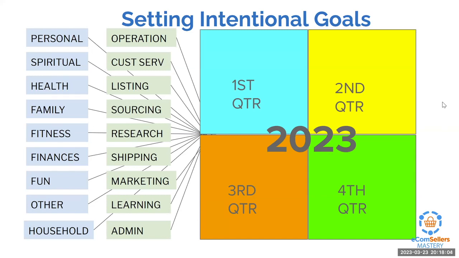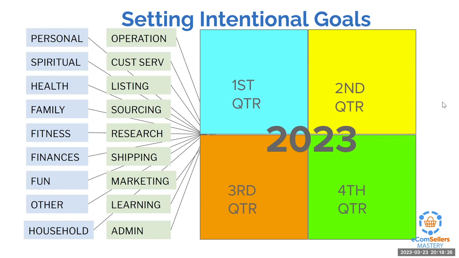There's going to be customer service related activities. And what are your intentions around that? There's going to be listing related activities, sourcing, shipping, marketing, things you have to learn, administrative tasks. All of that still comes with running a business. So these are the types of things that we want to make sure that we're paying attention to, that we're focused on, that we're consistent about.